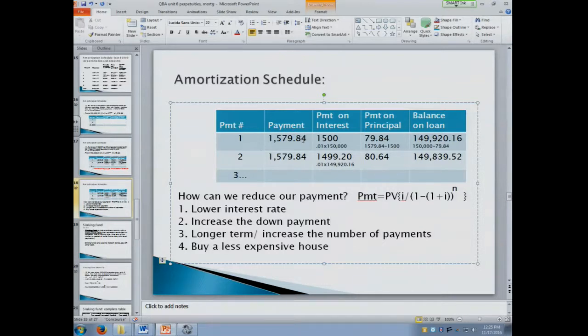That's too high. How can I reduce it? Well, let's look at this first variable, the present value. I can reduce the present value by putting more of a deposit down or increasing the down payment. I can reduce present value by just buying a less expensive house.